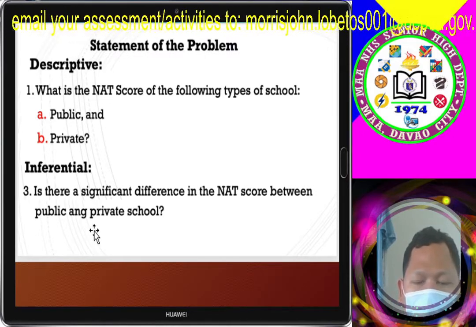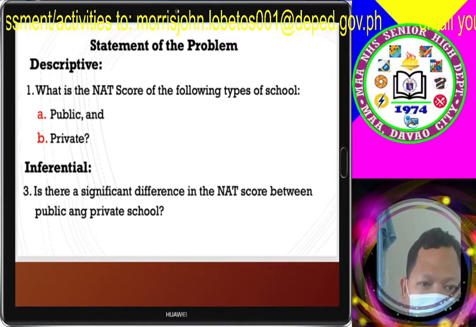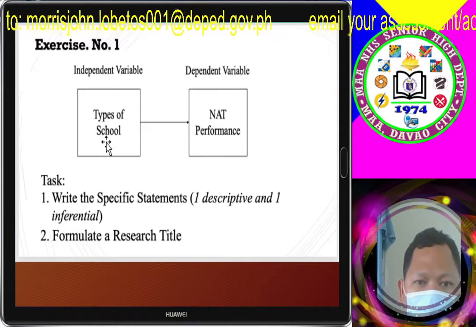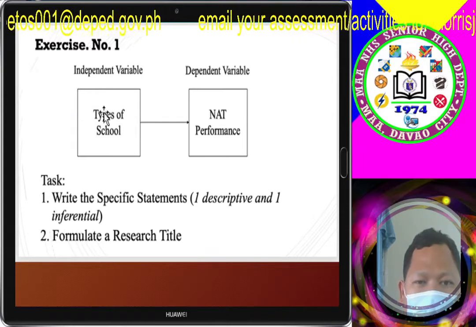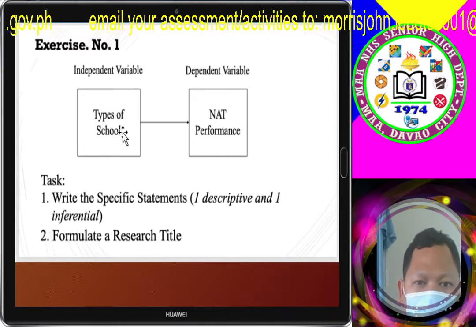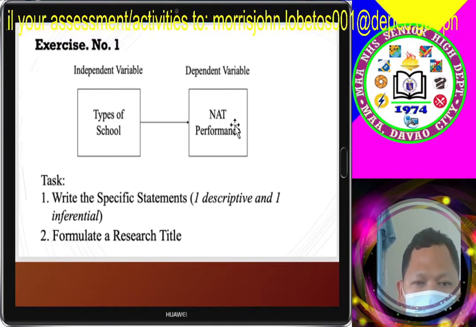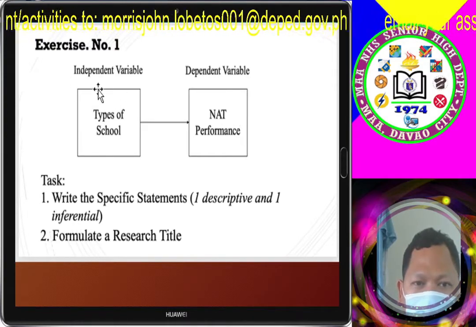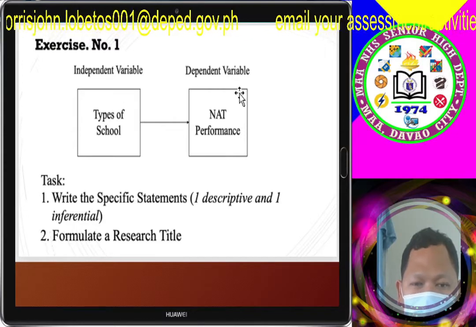If you are going to make a conceptual framework on this study, this is how it looks like. As you can see, we place the variables in a box or square, and then it points out to the performance. As you can see, the pattern in making a conceptual framework is the IV on the left side, then the DV on the right side.